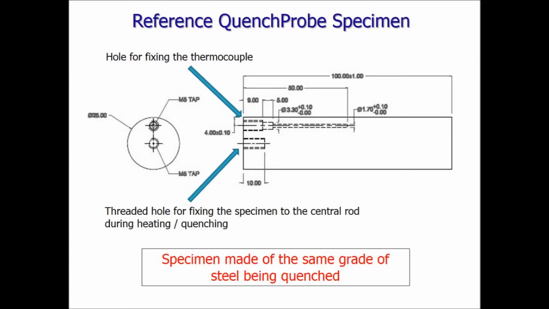So it considers all the factors that influence the quenching operation, like the alloy being quenched, and also the latent heat that is liberated during the austenite transformation.